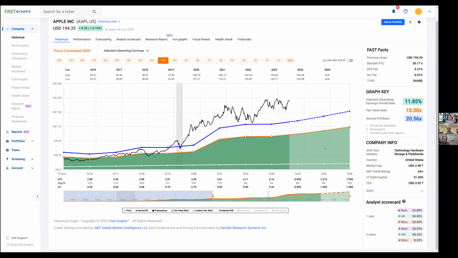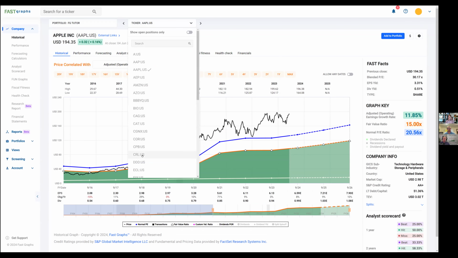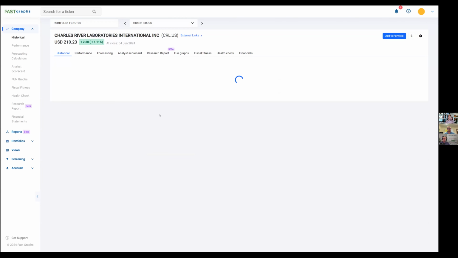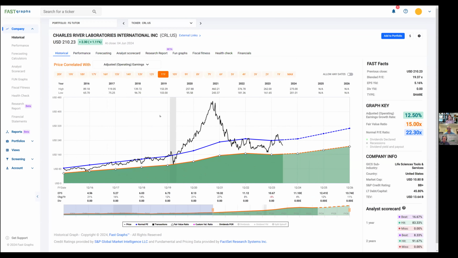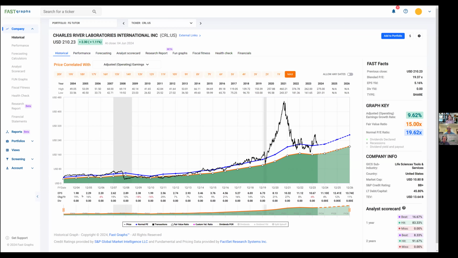All right. So the first step in using this tool to think with is look at what you see here and observe what you see. For example, if I take a look at a company like Charles River Labs, this is a really classic example here. And I run this as a long-term graph. The orange line is theoretical fair value. The blue line is how the market has been valuing it over this time frame.